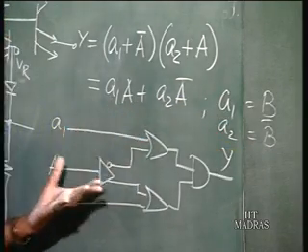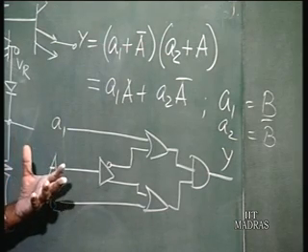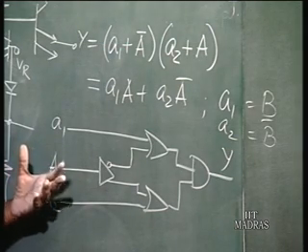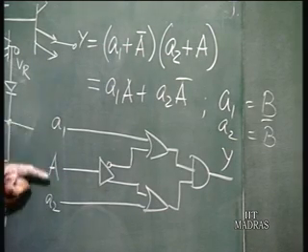So, by changing the inputs you can get different types of gates also, all right, in this case.